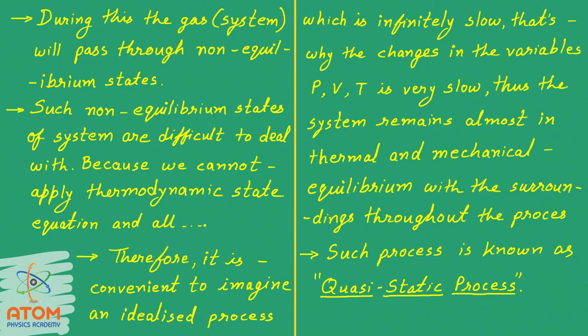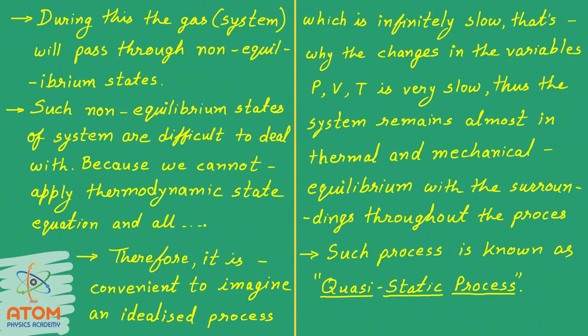So, by this type of assumption, or this type of idealistic imagination, we can take the process to be in thermal equilibrium and mechanical equilibrium throughout the process. Alright. Such a process is known as a quasi-static process.